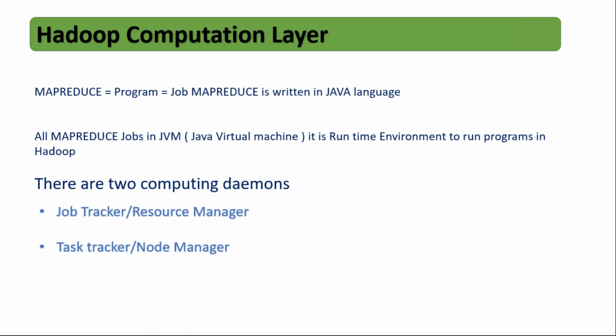When Spark was introduced by Databricks company, Spark is 100 times faster than MapReduce in the computation. So that is the reason most of the companies started using the Spark framework for computations.